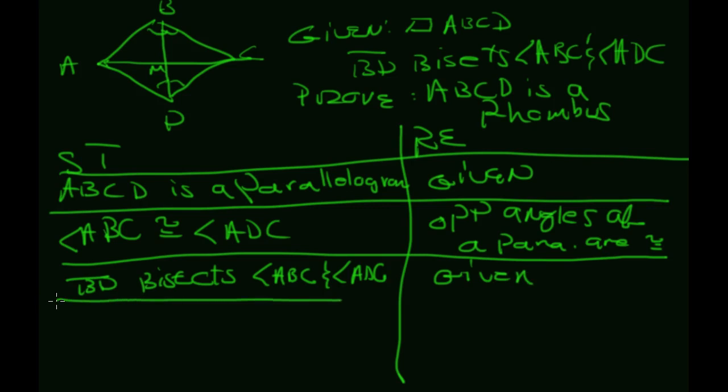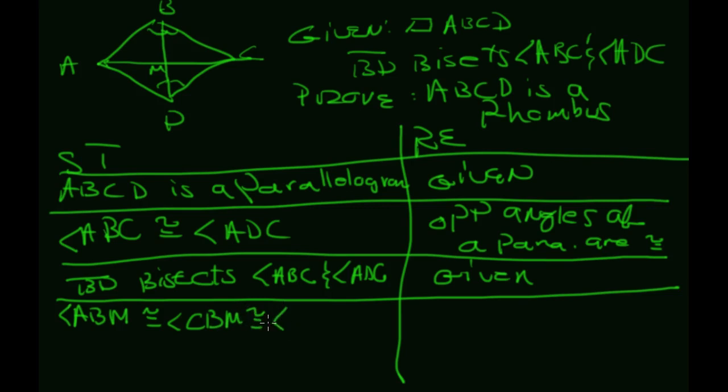That's not new information, which means that if this bisects that and it bisects this, then angle ABM has to be congruent to angle CBM, has to be congruent to CDM, has to be congruent to ADM, because this is the definition of angle bisector, right?